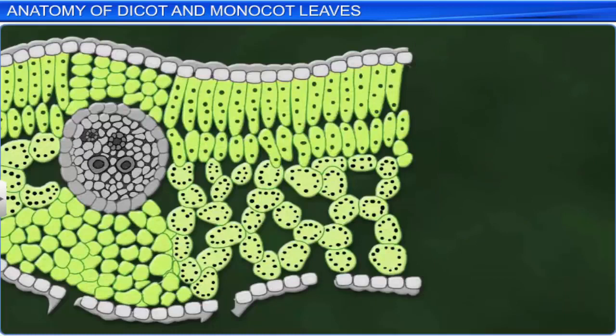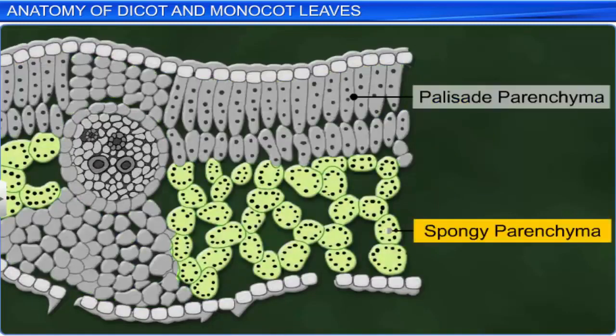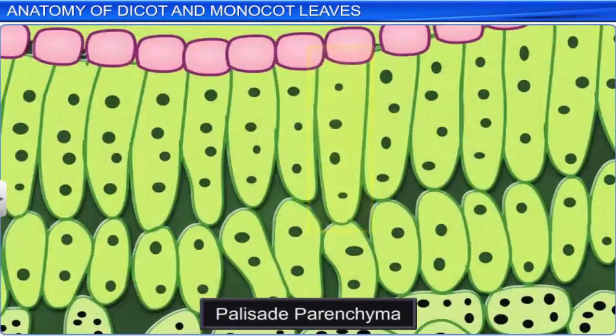In dicot leaves, the mesophyll tissue is differentiated as palisade parenchyma and spongy parenchyma. The palisade parenchyma, located near the adaxial epidermis, is made up of elongated cells arranged vertically and parallel to each other. These cells have fewer intercellular spaces.